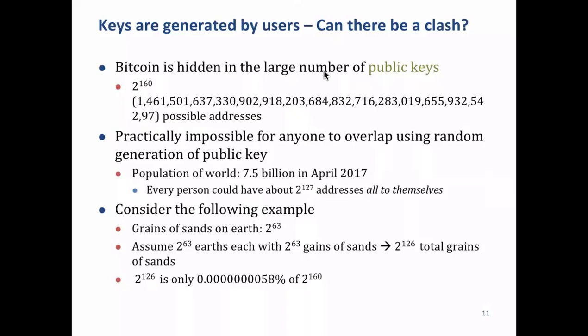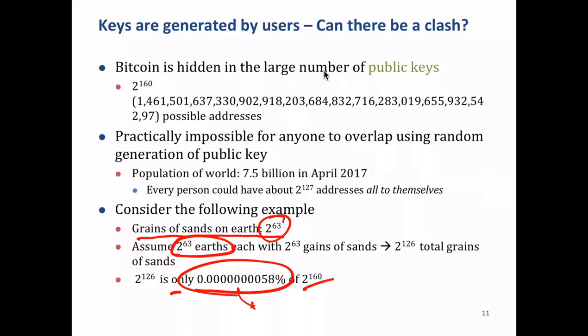An example is given here that the grains of sand on earth is 2 raised to the power 63, and assume 2 raised to the power 63 such earths. Then the probability of finding the same grain is very, very small, even for 2 raised to the power 160, not even 2 raised to the power 256.